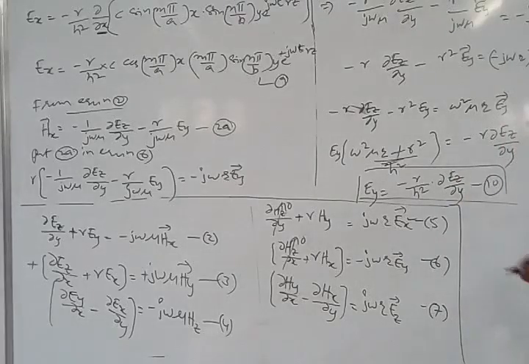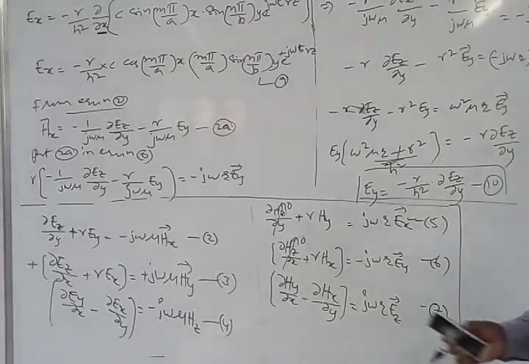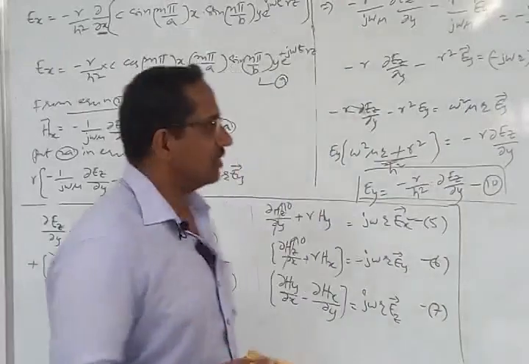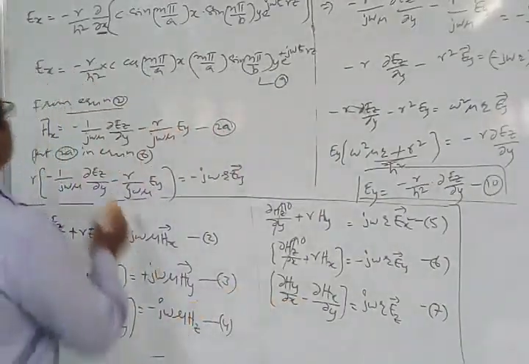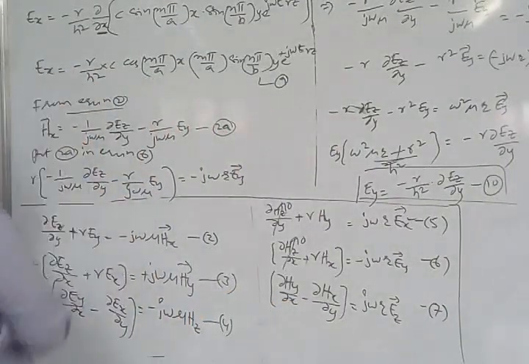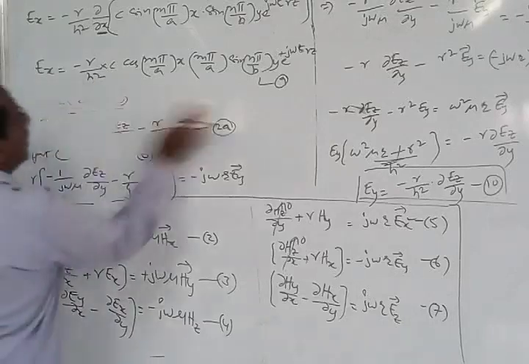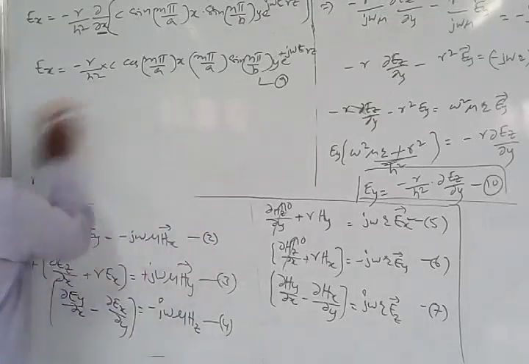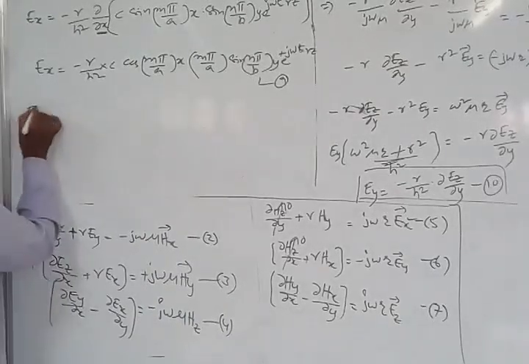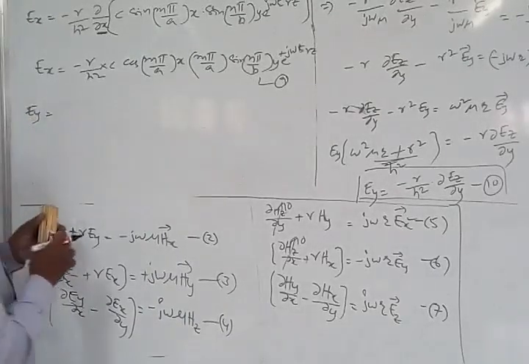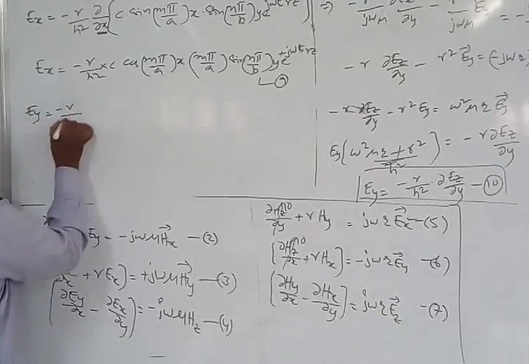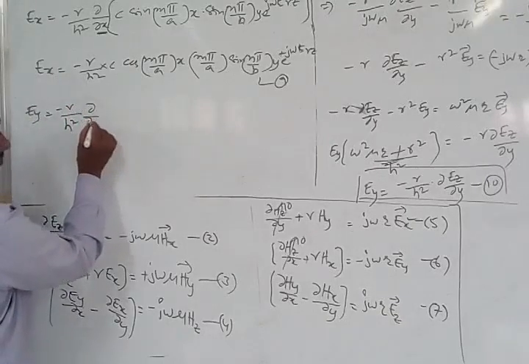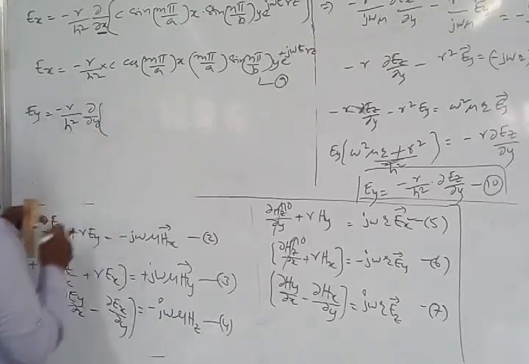Now we have to solve this equation for Ez. Now already we have the expression for Ez. So let us start solving that equation. So already we have got the expression for Ex. So let us go for solving it for Ey. So Ey is equal to minus gamma by h square ∂/∂y of this factor.